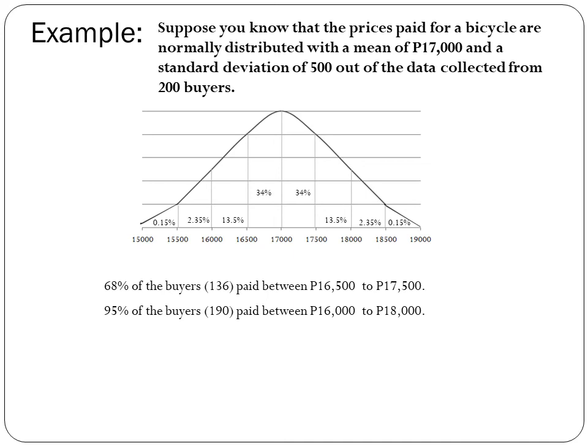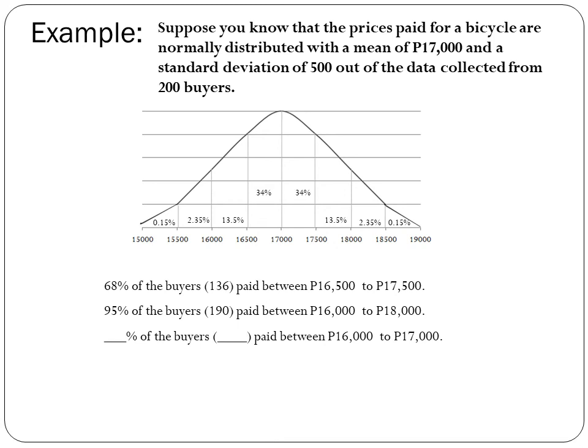So how about this one? How are you going to complete this sentence? How many percent of the buyers, or you give the number, paid between 16,000 pesos to 17,000 pesos? So if you are going to look at 16,000 and 17,000, 16,000 is 2 standard deviations away from the mean, but the movement is only on the left side, on one side.